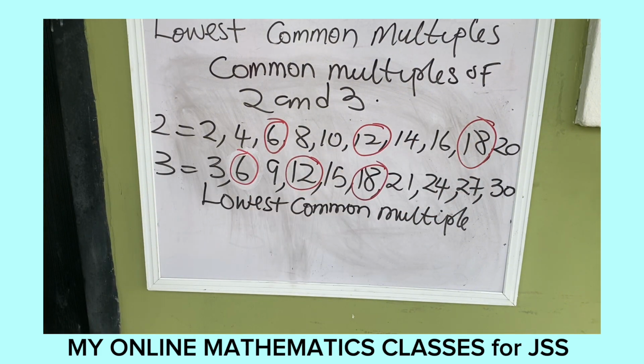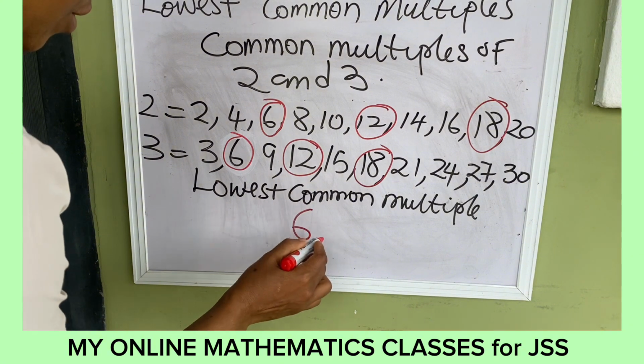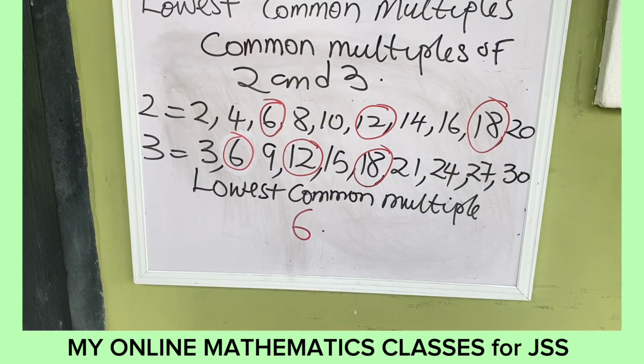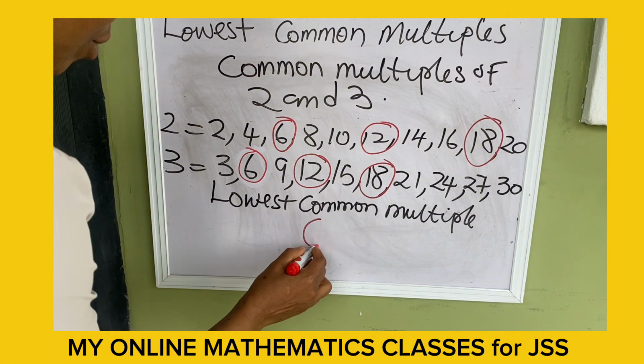This is how it continues. There are other common multiples, but the reason I did not write much is because we are only looking for the lowest common multiple. So the lowest out of all the common multiples, 6, 12 and 18, is 6. So the lowest common multiple of 2 and 3 is 6.